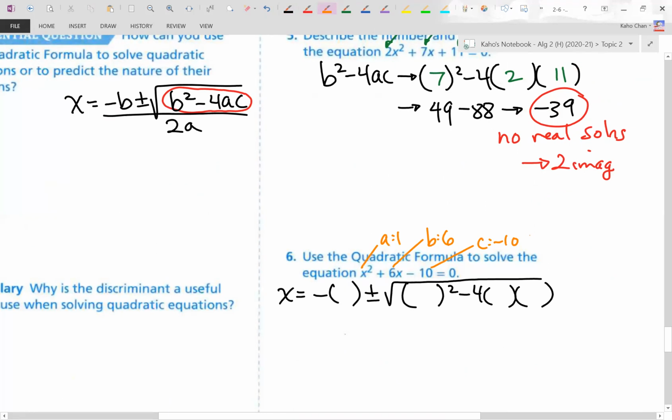Plug it in. Let's clean that up. 36. Ooh, watch out here. Negative 4 times 1 is negative 4, times negative 10 is positive 40.